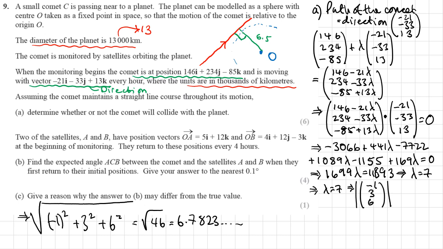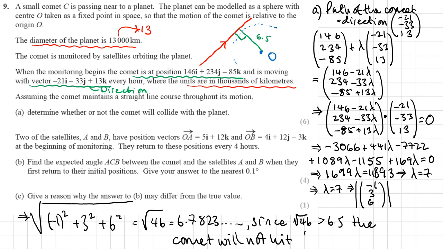Now that is greater than 6.5, isn't it? So since the square root of 46 is greater than 6.5, the comet will not hit the planet.